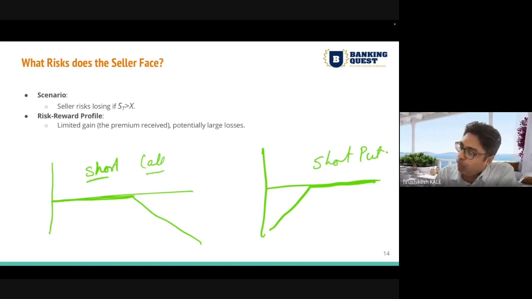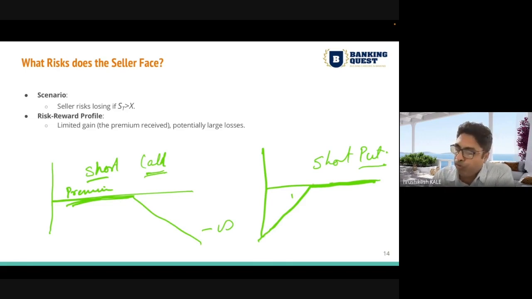If you look here, the seller of a call option has an unlimited loss, and the profit is just equal to the premium which they might get. Similarly, the seller of a put option has a loss which is much greater than the premium they are getting.